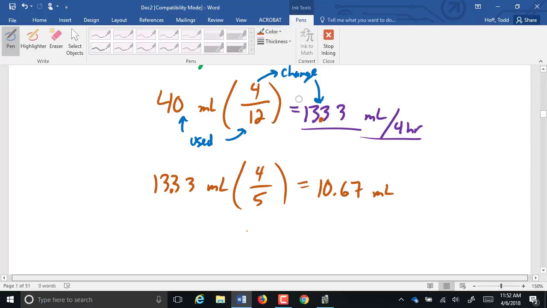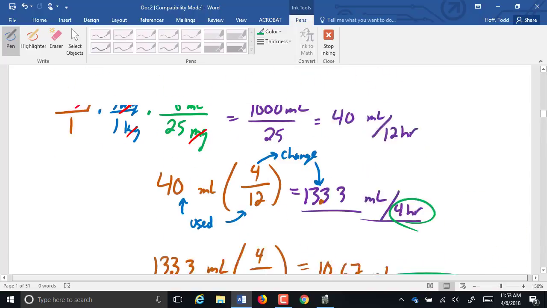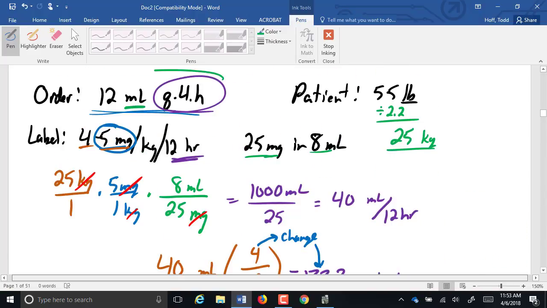So our safe dosage there is 10.67 to 13.33 milliliters every 4 hours. And the doctor's dosage of 12 is right in the middle of that. So their dosage checks out. Other than my silly math mistake, does anybody have any questions on that one?